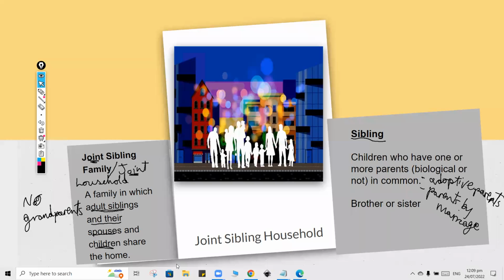All right, so now what might be the factors that lead to the creation of a joint household?